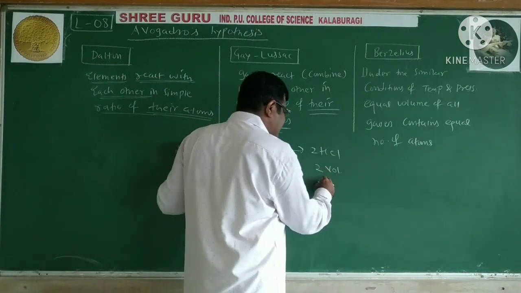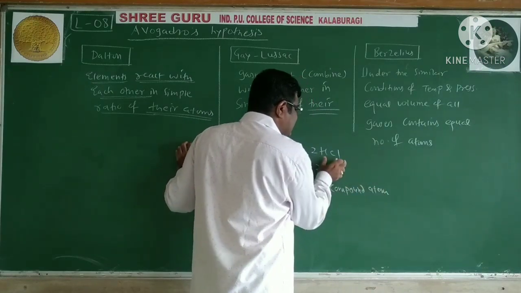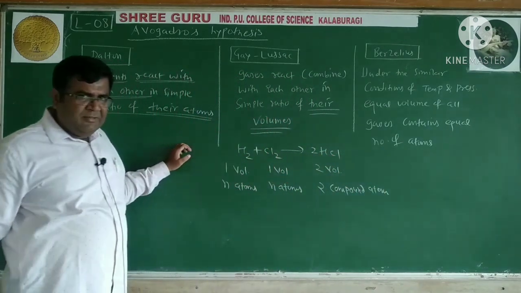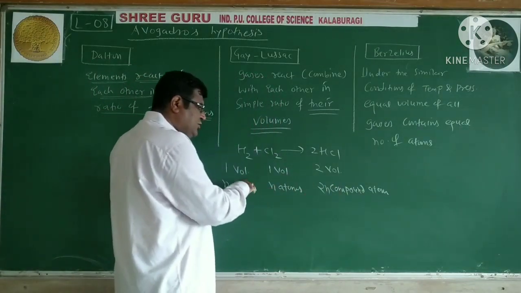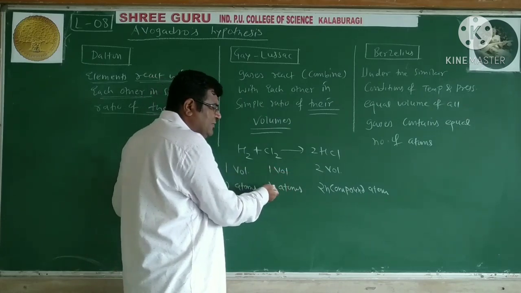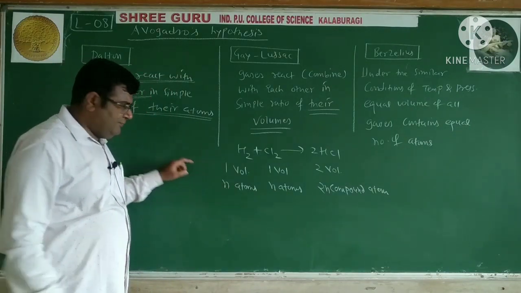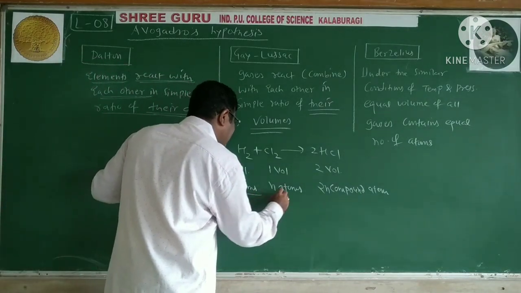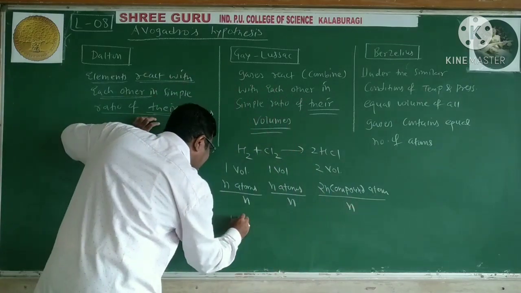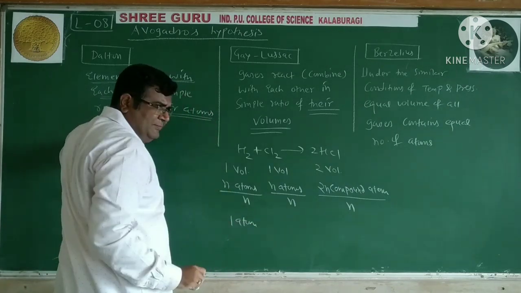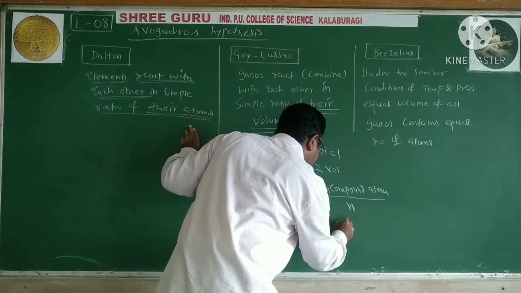This is 2 times, so this is called a compound atom, because it is a combination of hydrogen and chlorine, 2n compound atoms. This is 1 volume n atoms, 2 volume 2n atoms. We divide this by n. 1 by 1 cancels, so it is 1 atom. This is 1 atom. And this is 2 compound atoms.